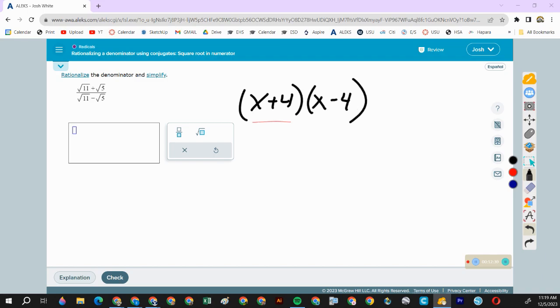What do we call these? So they're binomials, and they have a special name because they have the same values with a different sign in the middle. They're called conjugates. And conjugates are really nice to multiply together because you get this.